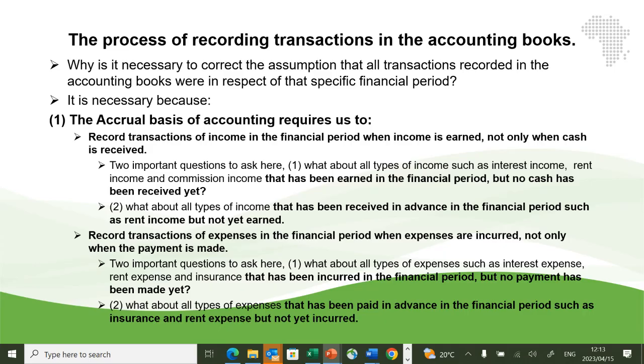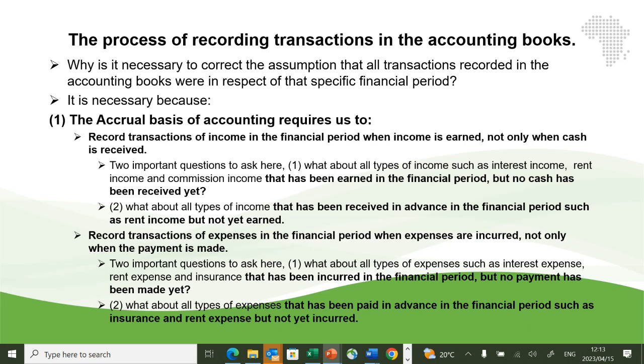When we check our trial balance, we can see that only 10,000 rand of rent income has been received. There is still 2,000 rand outstanding, although we have provided a space to that customer, and they have used the space, but they haven't paid us.